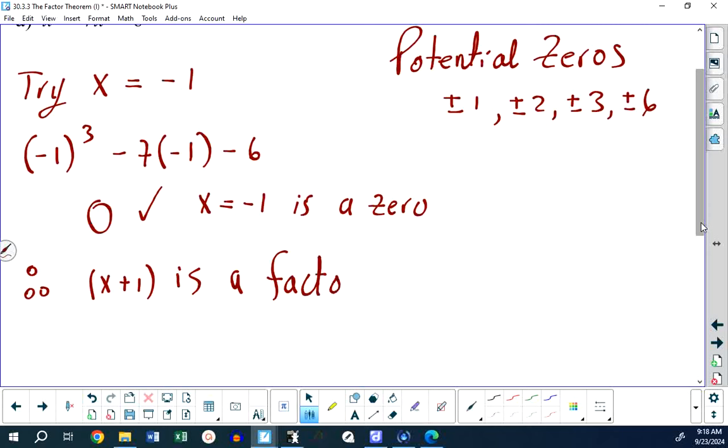So how do we proceed? Just like if you knew 5 was a factor of 255, you divide to find out what the other factor is. We're going to take this polynomial we started off with and divide by x plus 1. And you're going to get a quadratic because we started off with a cubic.